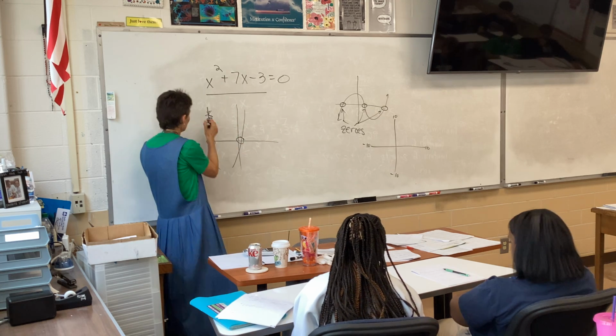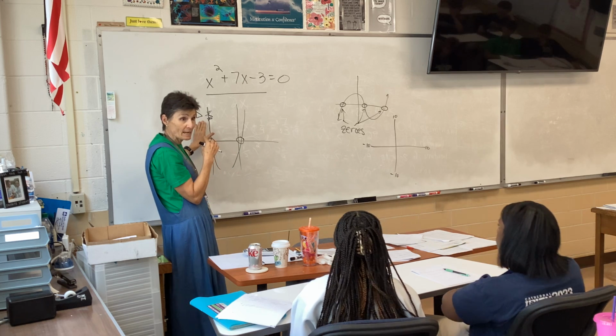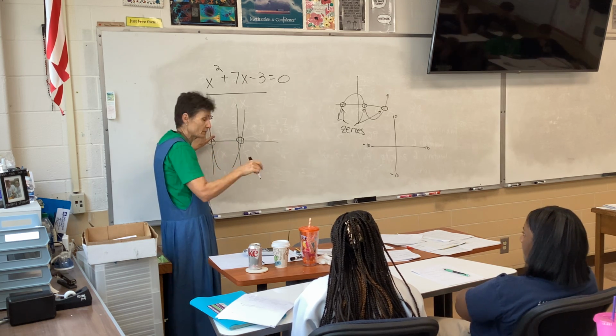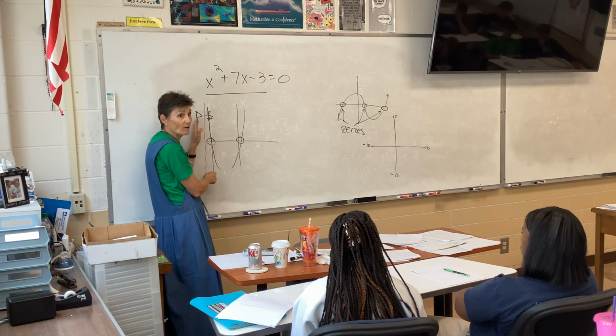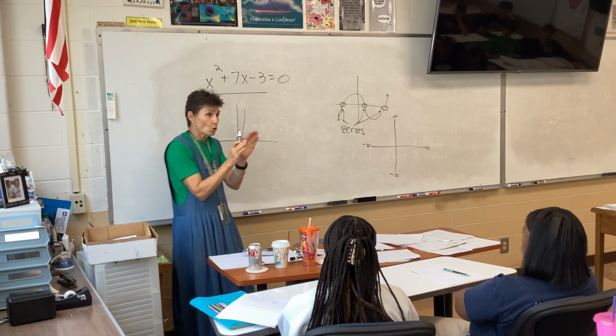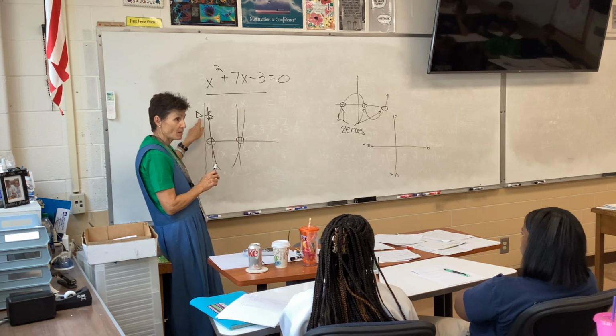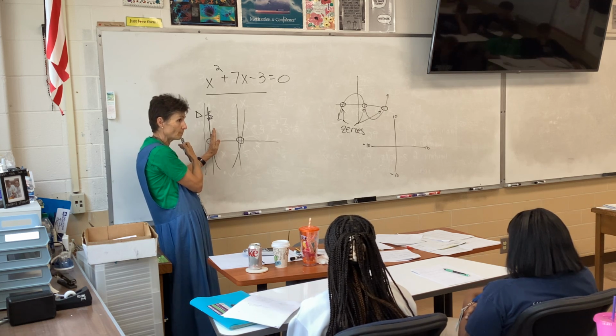On my calculator, it puts a little thing in like this to tell me where I set it. On the new calculators, you actually get a line, don't you? Yeah. Which is very nice. Remember, if this is going to work, your line or your arrow thing has to be to the left of the point I'm looking for.